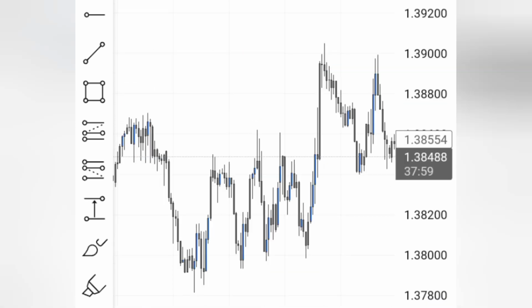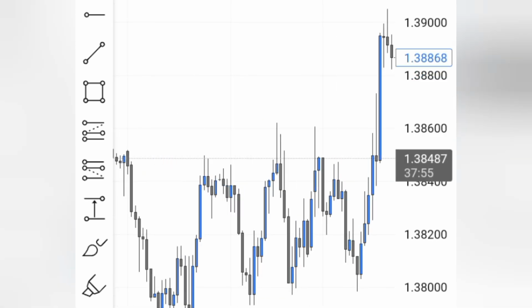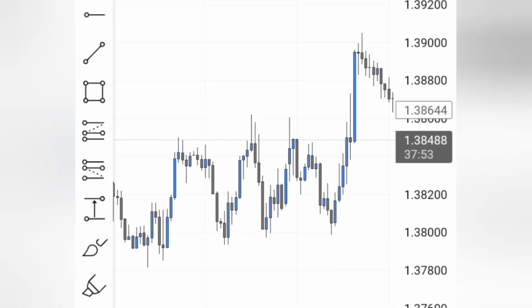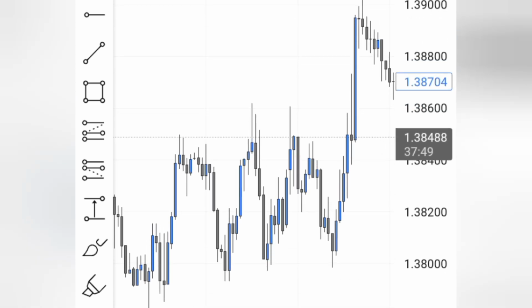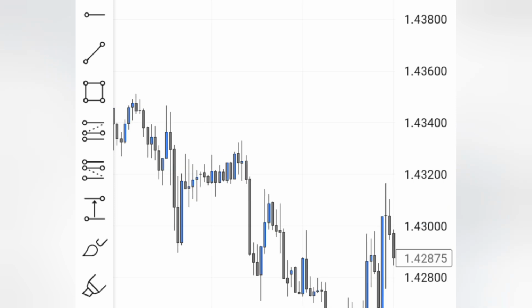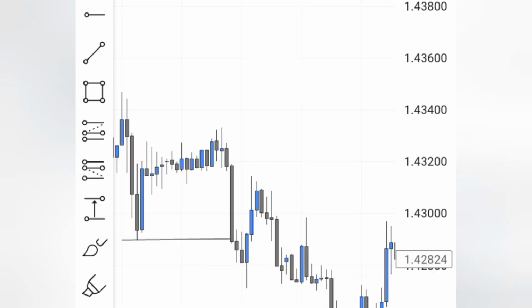Let's see whether we have a break of market structure and a fair value gap before we take any order block. For example, here this was a bearish trend, so we had this break of market structure. After seeing that break of market structure, we go up and see whether we have a fair value gap.